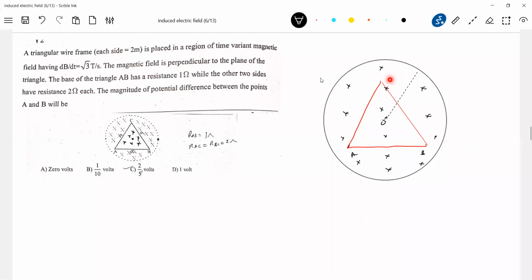Just think and analyze once. The total loop has come inside.